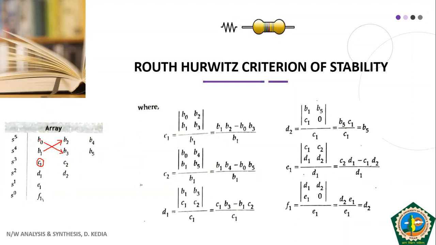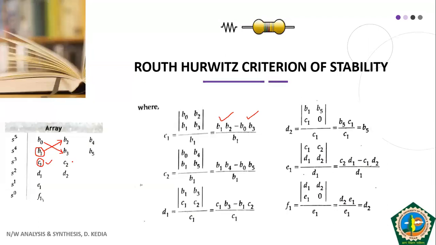In a determinant, we start with the top term like B0, B3, but here it is the other way around. We start with B1. So B1 into B2 minus B0 into B3, divided by this one, B1. Whatever value we get, we write as C1 in the third row, first element. This is how we calculate C1.